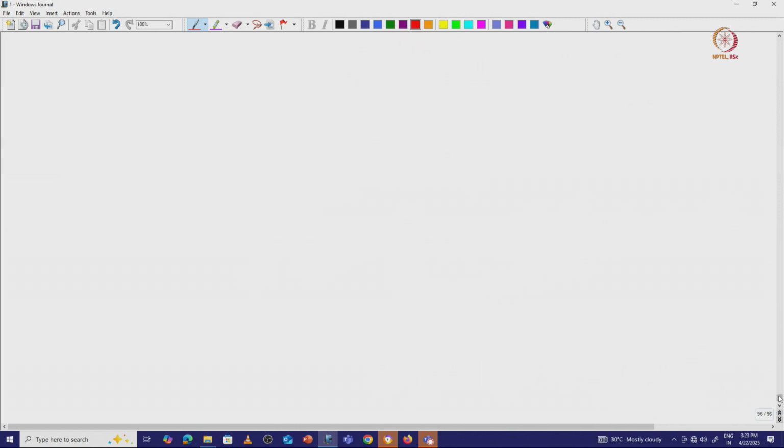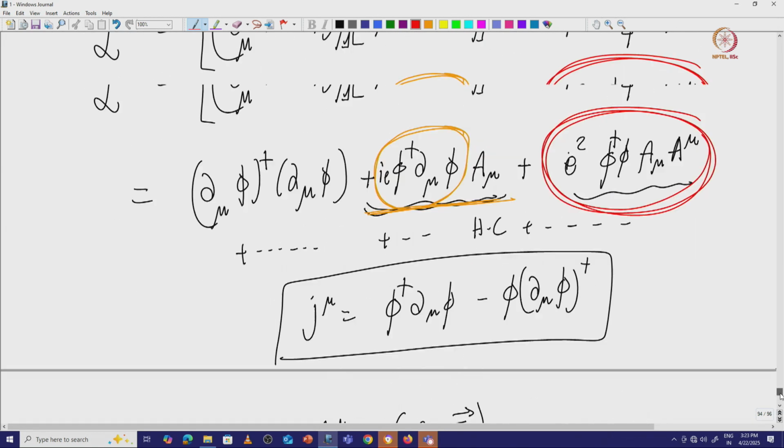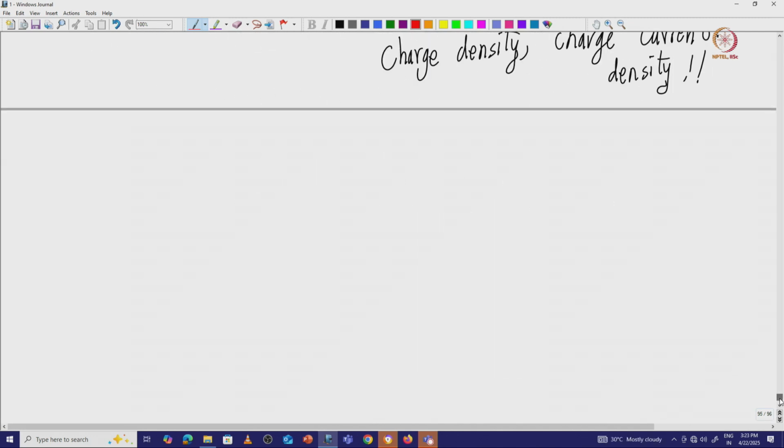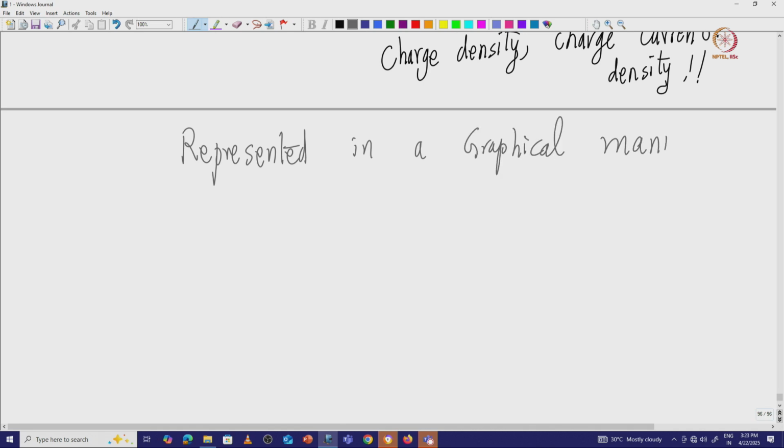You can represent it in a graphical manner: phi dagger del mu phi minus phi del mu phi dagger.